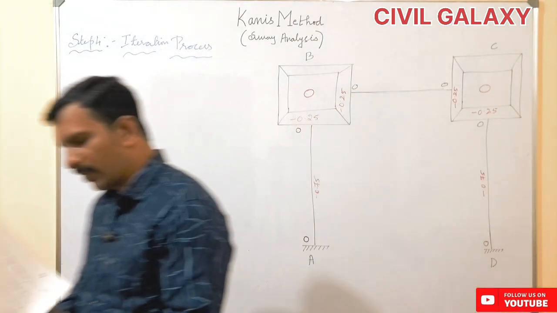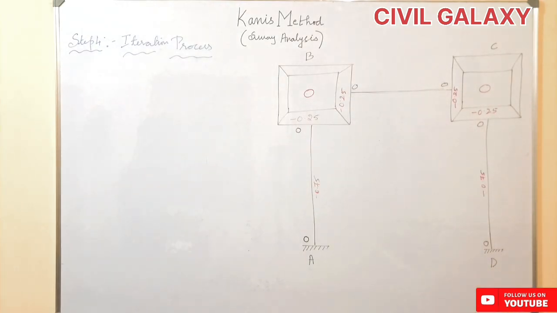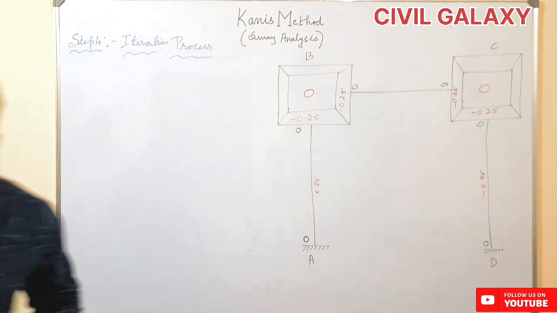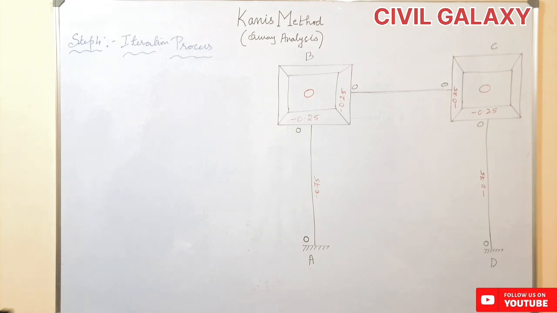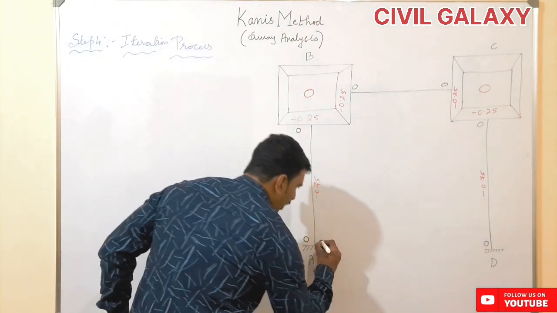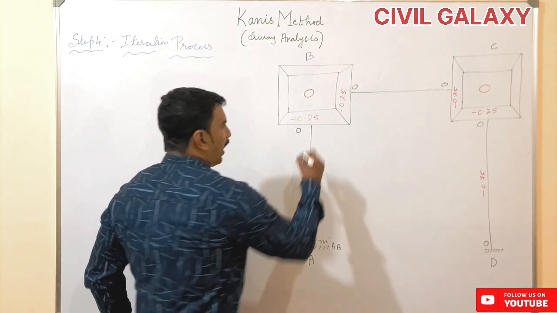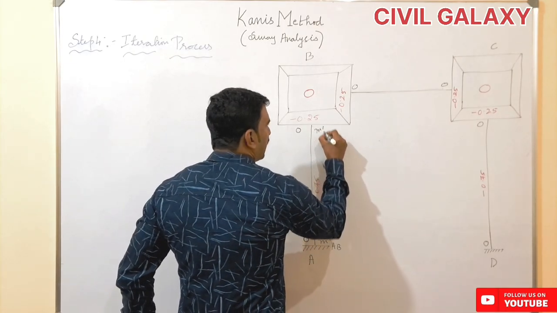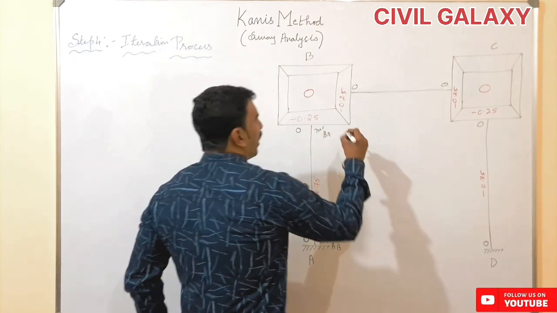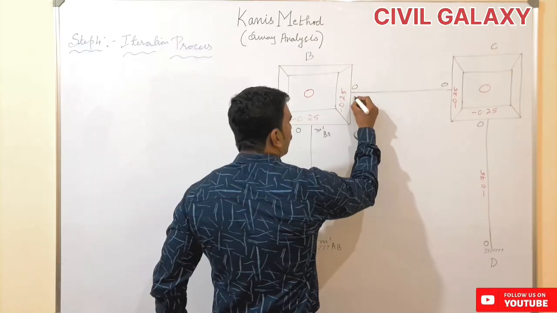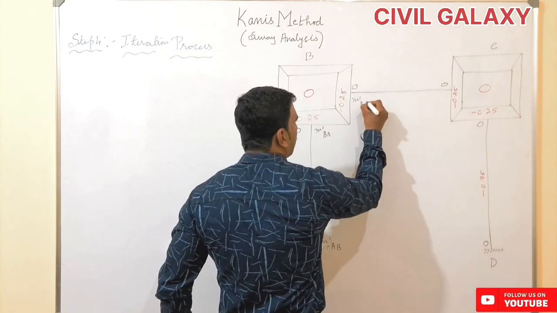So now next what we have to do here is we need to represent the rotation contributions, that is m dash AB, and here we need to calculate m dash BA, and at joint B we need to consider m dash BC.